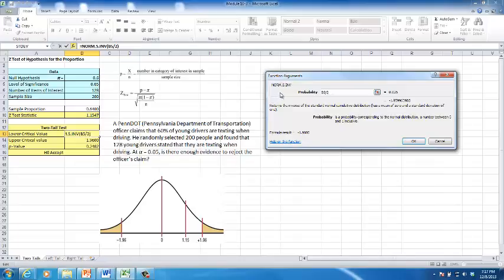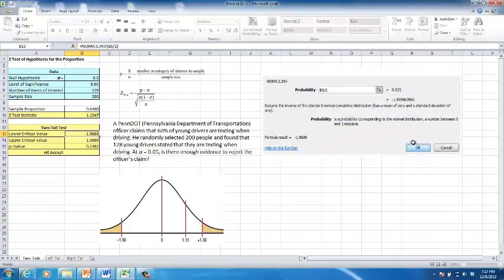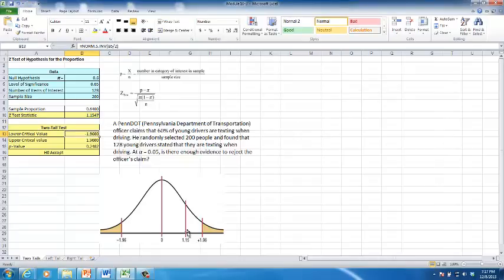So NORM.S.INV of level of significance divided by 2, which will be 0.025, 5% divided by 2. And I should do this for both sides, the right side and the left side.